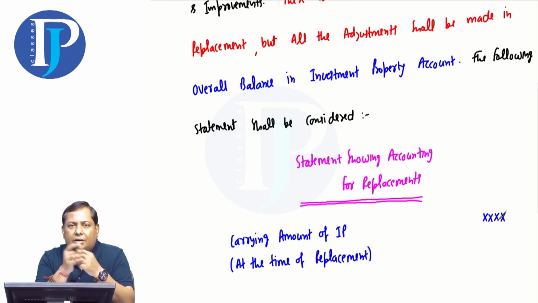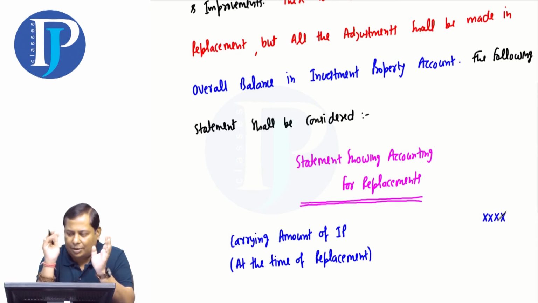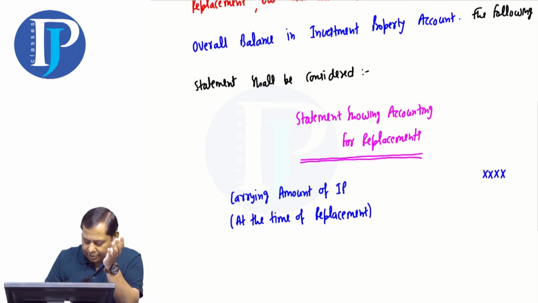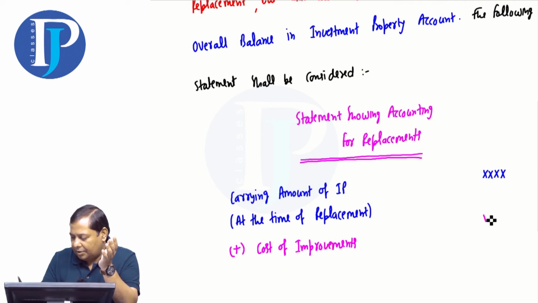What will we do for that? Accumulated depreciation, the depreciation you have charged till now, is subtracted from the original cost to obtain the carrying amount. We didn't create different columns. We created a single account. We will simply add the cost of improvements to it.